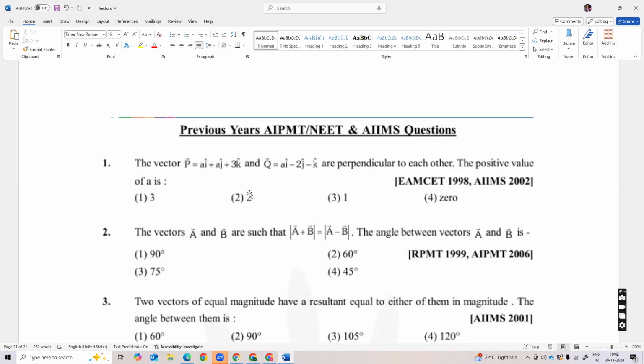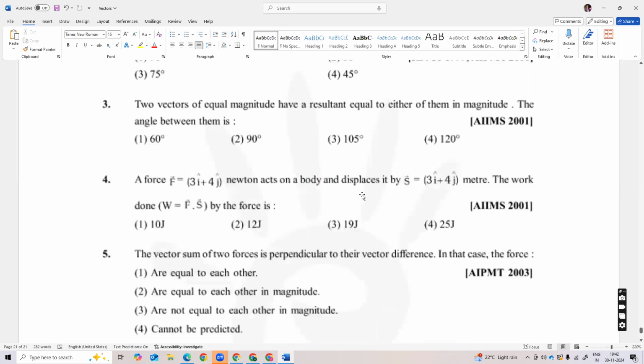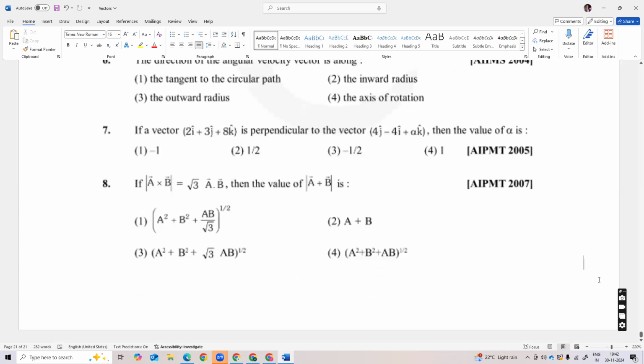They are perpendicular to each other, so find the positive value of a. We'll solve this.